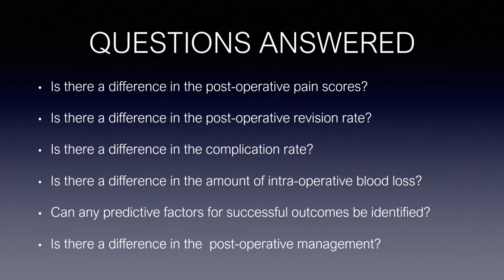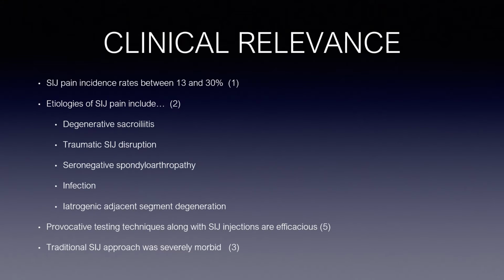Is there a difference in the post-operative revision rate, and is there a difference in the complication rate? Is there a difference in the amount of intraoperative blood loss? Can any predictive factors for successful outcome be identified? And is there a difference in the post-operative management after completion of the surgery?